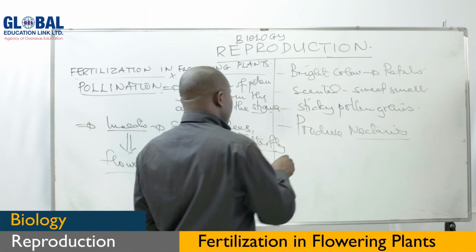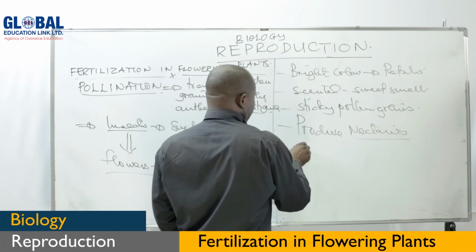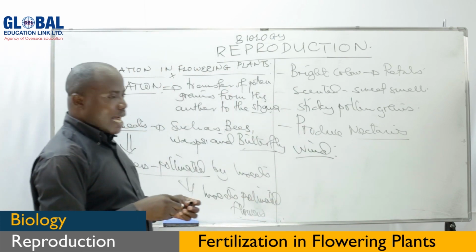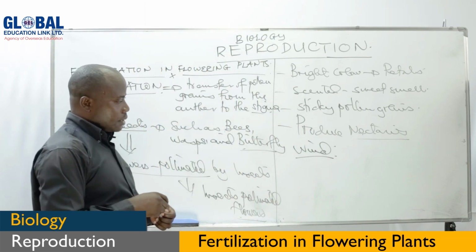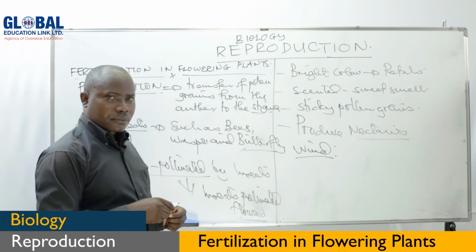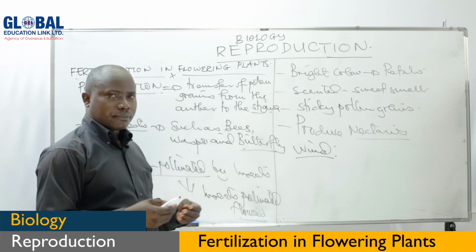But also, there is wind. Wind is another agent of pollination. It does carry pollen grains from the anther to the stigma, when the wind blows.